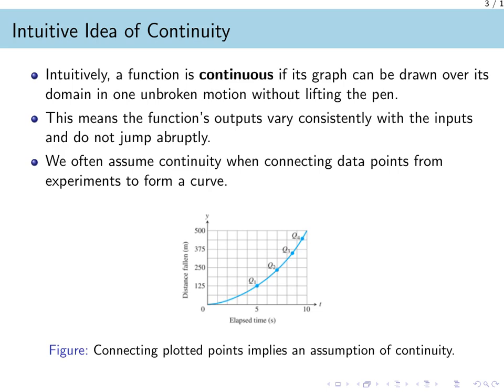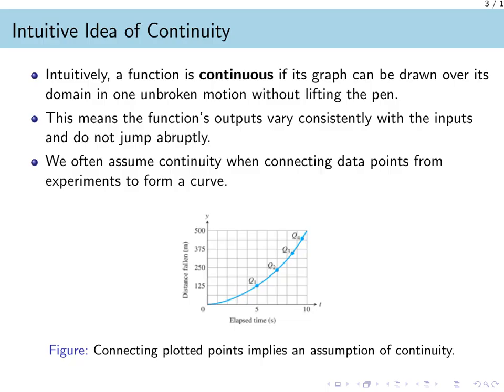A function is considered continuous if you can sketch its entire graph over its domain in one single, unbroken motion, without ever lifting your pen from the paper. This means that as the input to the function changes, the output varies consistently and predictably, without any abrupt jumps or gaps.